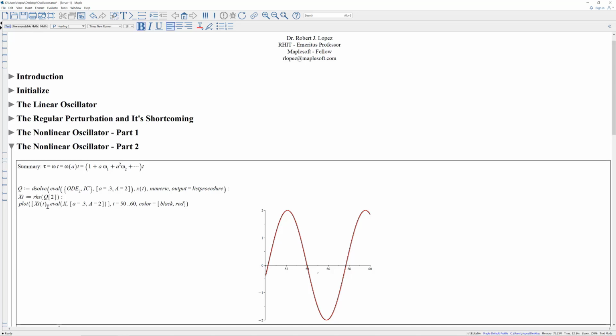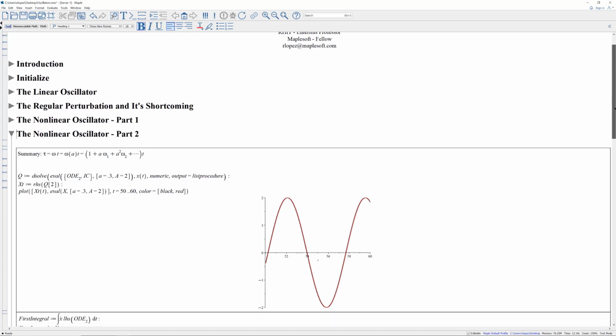And then I thought I would do this numerical experiment. Let's solve the initial value problem numerically, and let's compare it to the Lindstedt approximation. And you'll see one is in black and one is in red, and the comparison on this range, 50 to 60, is pretty good. So you get further out with the Lindstedt approximation than you get with a regular approximation.